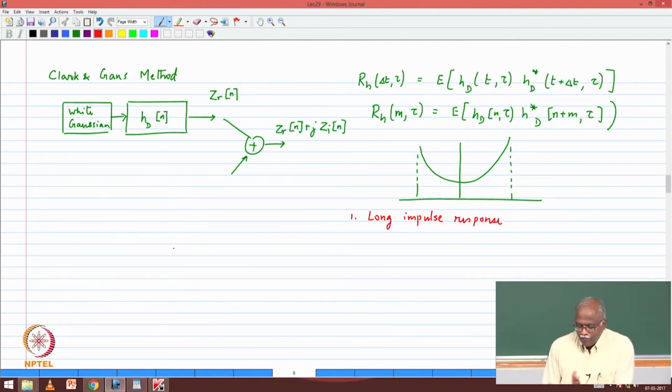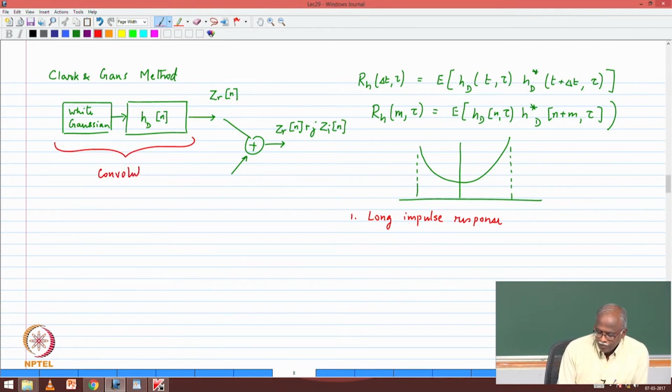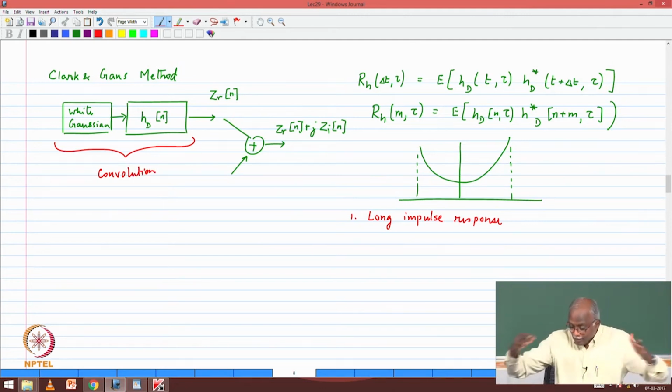And the reason it's a problem for us is because this process is a convolution in time, and convolution will require a lot of data, and because the impulse response is very long, you would appreciate the fact that that means there's a transient that is present with the output process. So you have to wait for the usable portion of the signal. So that is again a challenge.